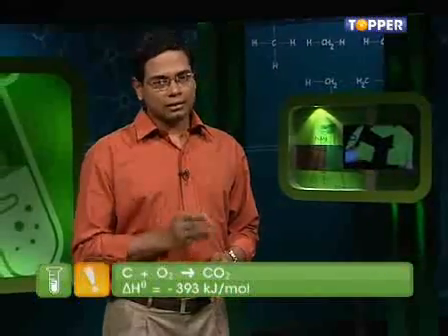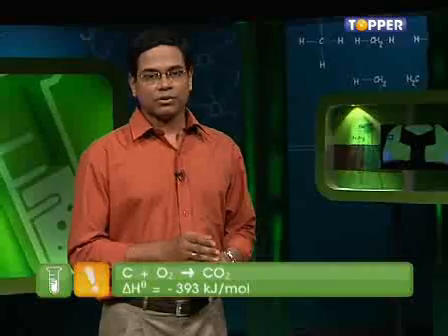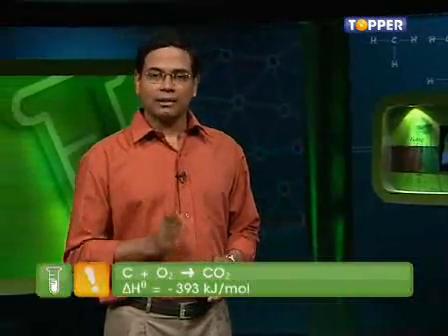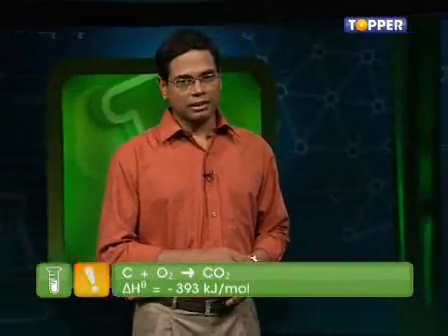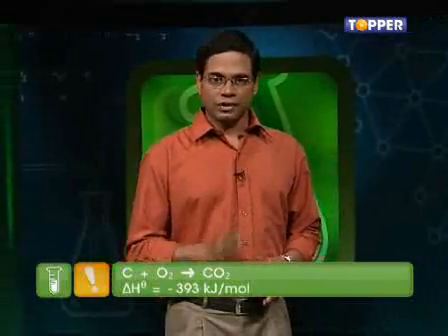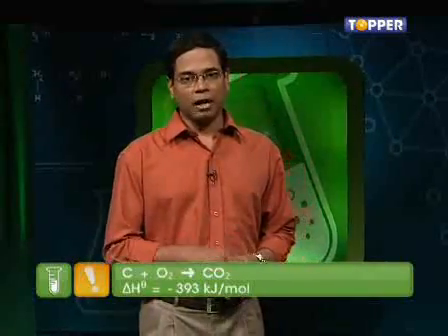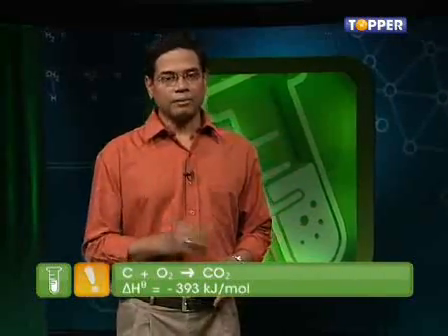One would be the direct combustion of the dry leaves to form CO2, and the other being indirect combustion in 2 steps, which first leads to the formation of carbon monoxide and then carbon dioxide. Now, if you compare the thermochemical equations of both types of combustion, you will notice something very interesting.